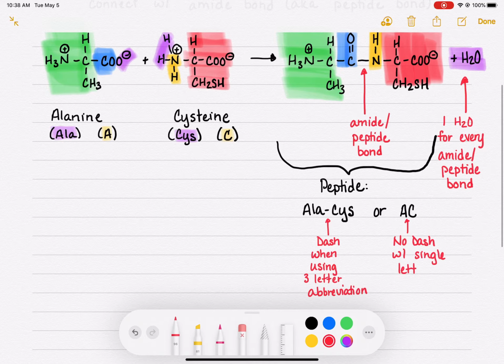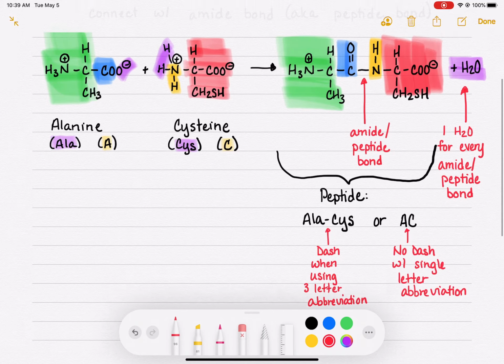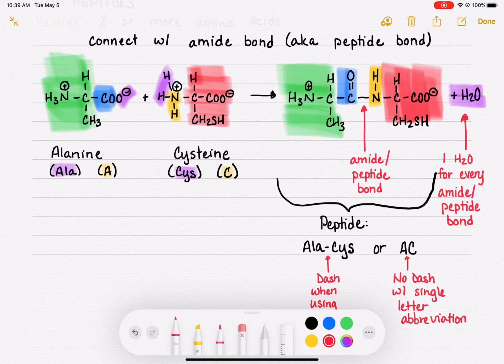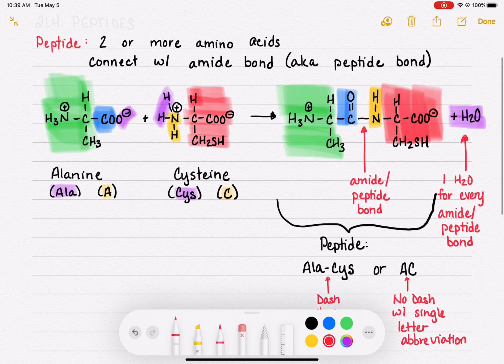It is important that you write the peptide's name in the correct order. So for this one, its name is AC, not CA, or Ala-Cys, not the other way around. We always write the amino acids in a peptide from the left side to the right side as it is drawn. Now you might be saying to yourself, left versus right, how am I going to know?